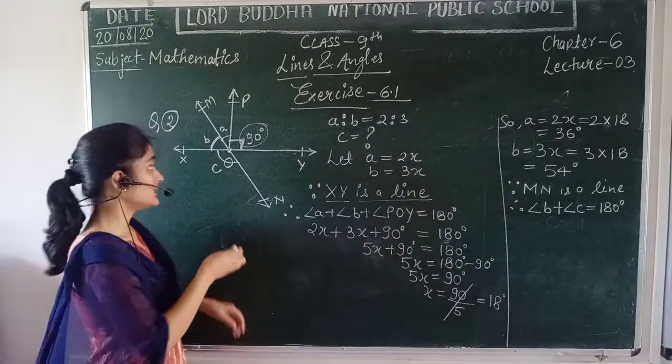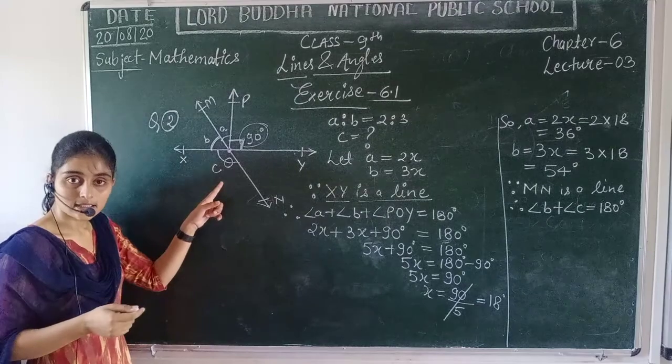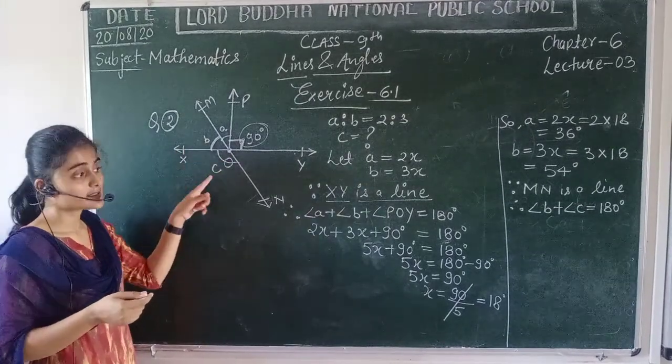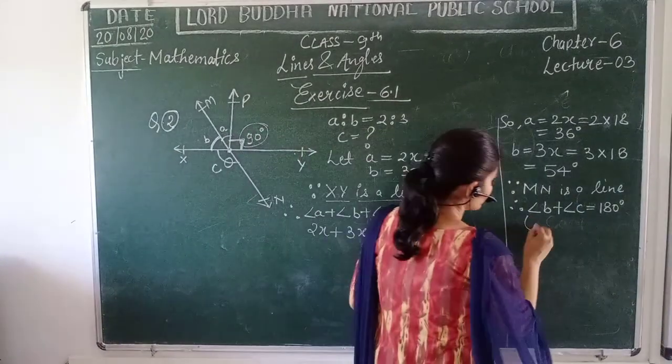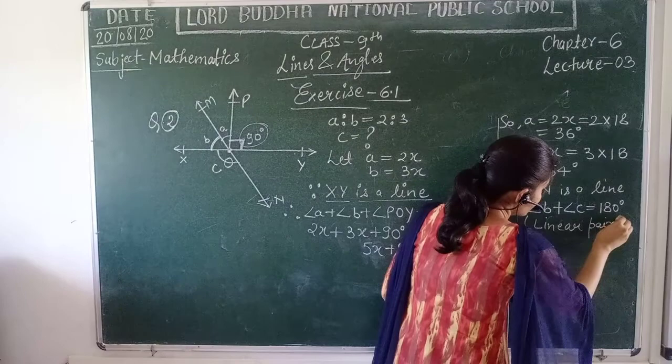Since MN is a line, and on the left side of MN two angles are forming, B and C, and they are separated by a ray OX. That means B and C are linear pairs. And if they are a linear pair, their sum is 180 degrees.